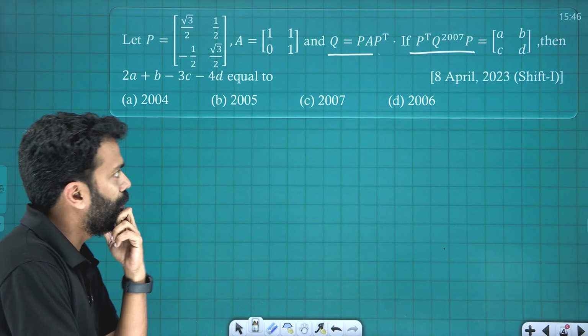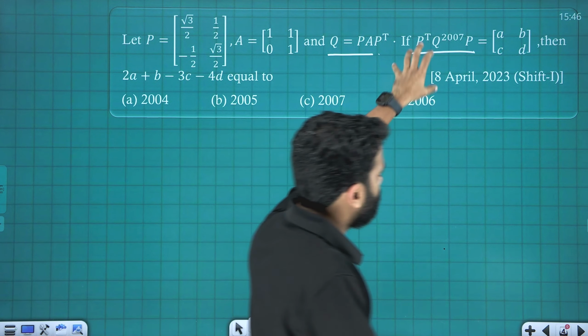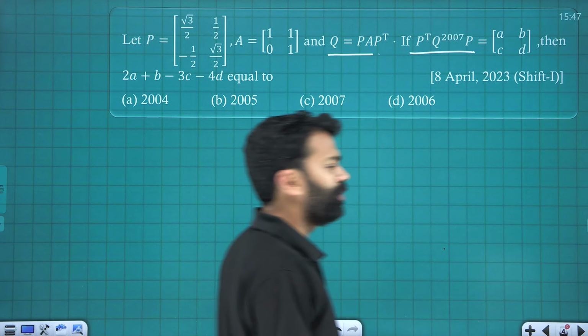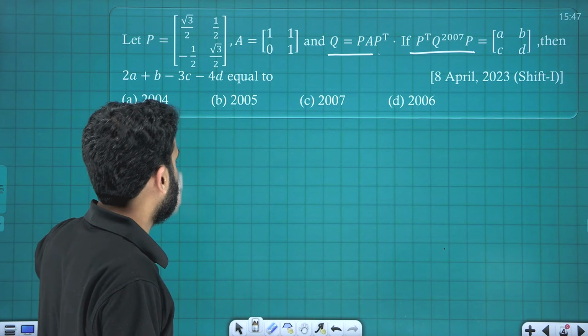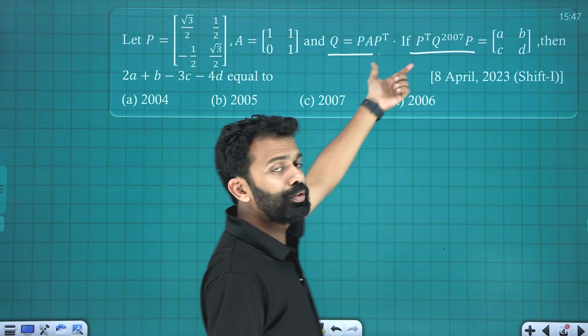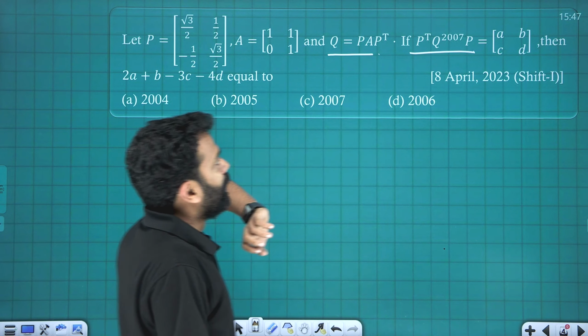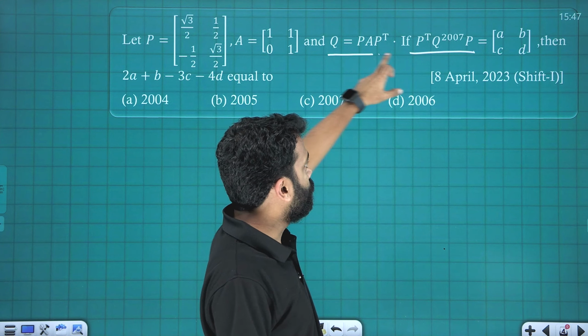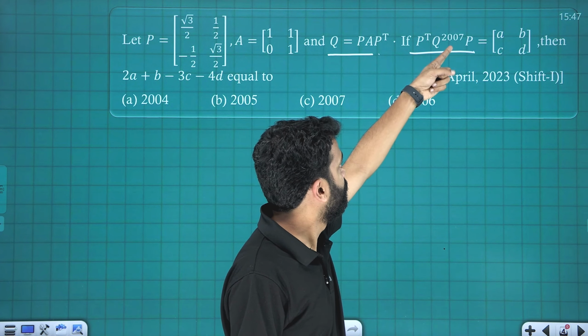What you need to do here is find this matrix and compare it with the corresponding elements A, B, C, D. Find A, B, C, D and substitute them here. That will be easy. But here is what you need to observe. You need to find Q raised to 2007 first.